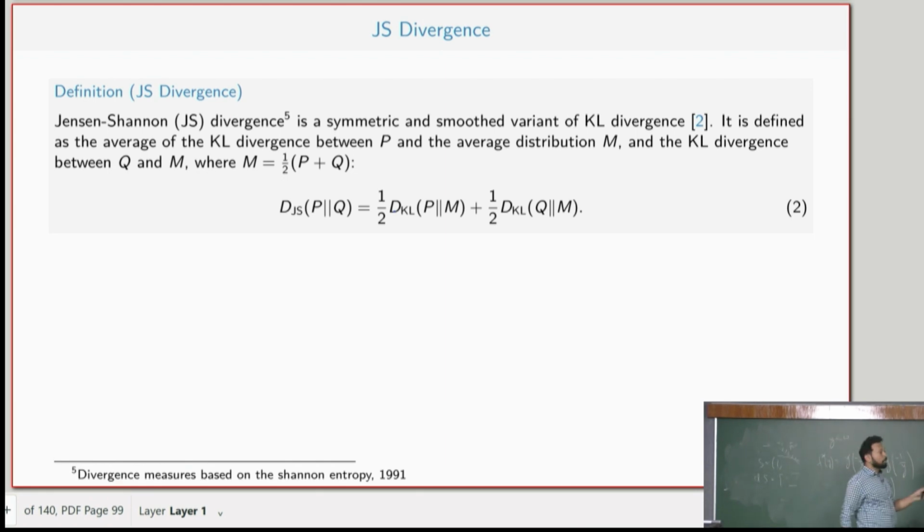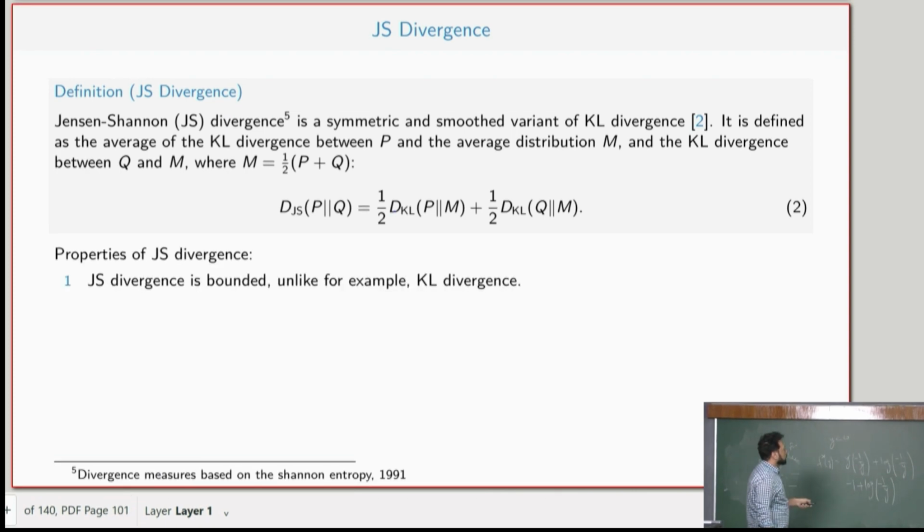It was not true for KL divergence. KL divergence of P and Q was not necessarily equal to that of Q and P. We have shown this with some examples. But then this fixes that, so it becomes a symmetric variant of KL divergence. It is also bounded. Unlike KL divergence, we saw in the previous class that KL divergence can become unbounded if a sample is not seen, because you have division by a distribution over which you do the sum during the expectation, and if that term is not there, divide by 0 happens and you get infinity.